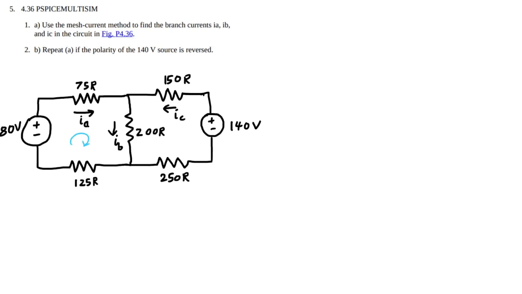So basically it all stems from, you have these virtual mesh currents, and you would call them something, usually I1, I2, something like that. And it doesn't matter if you make them clockwise or counterclockwise, just as long as you remain consistent in your math.